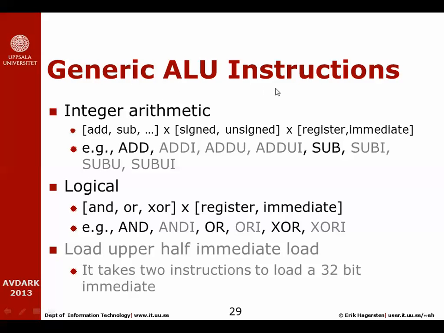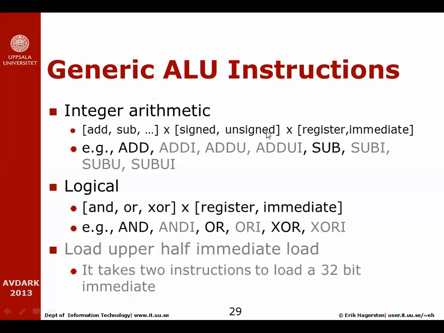So, generic ALU instruction. For integer arithmetic, you encode what type of instruction you have by using a combination of letters. First, you say what the normal arithmetic operation should be, the add, subtract, or whatever. And then you encode if it's going to be signed or unsigned. So you may add a U here if it's unsigned.